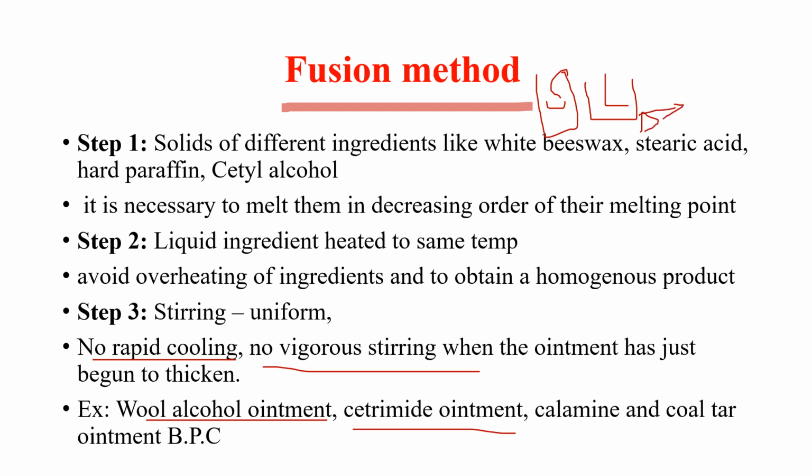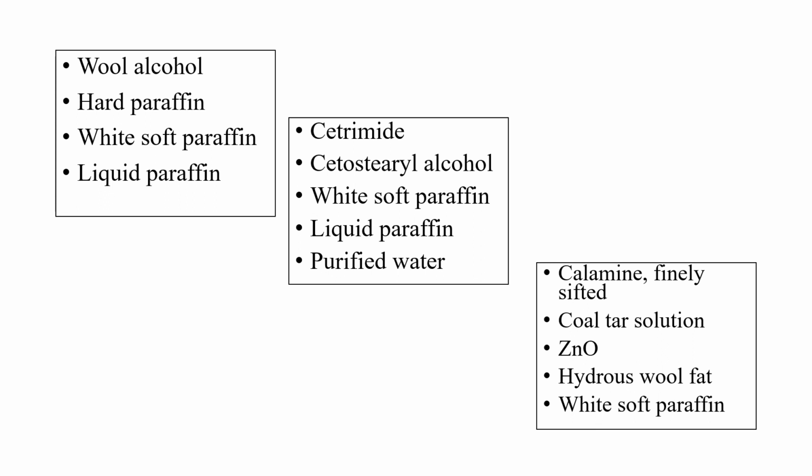Add the heated liquid material into the melted solid material or waxes and stir slowly and uniformly, with no rapid cooling. These are the various ointments which you are going to prepare by this method.